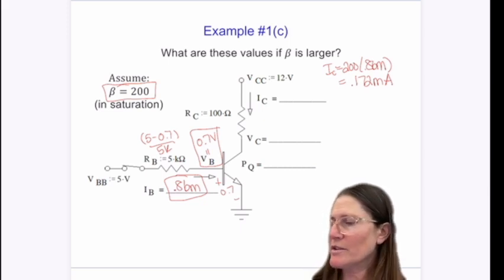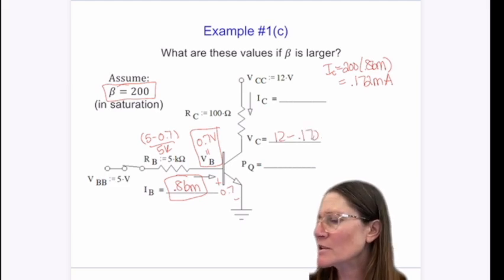And then this gives you a VC of 12 minus 0.172 milli.